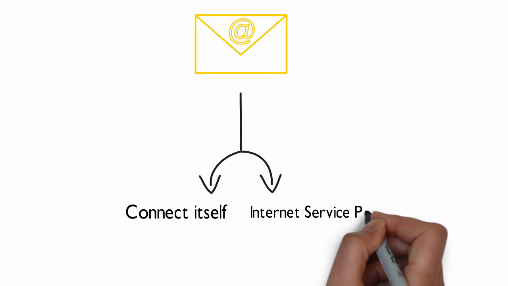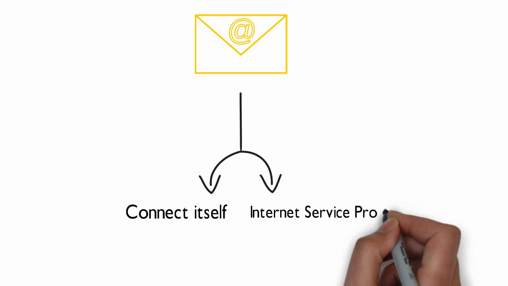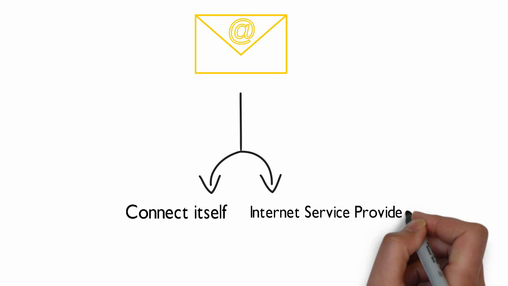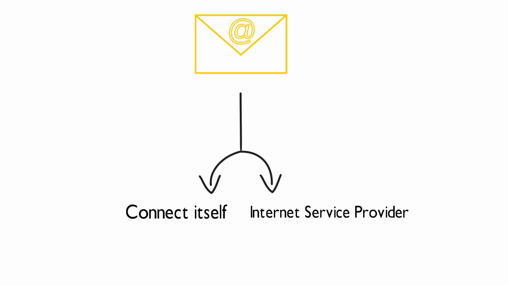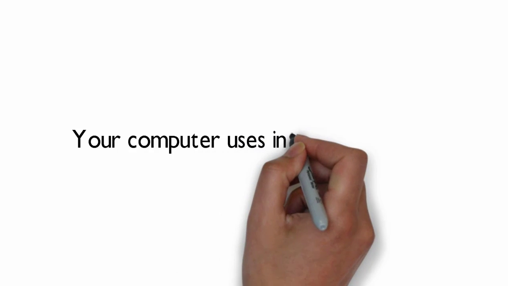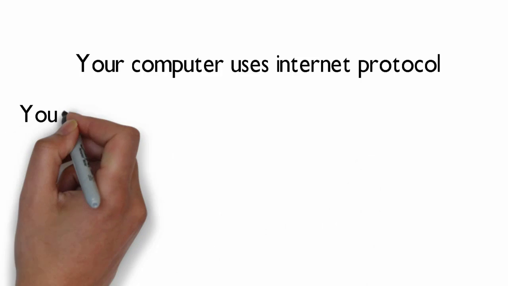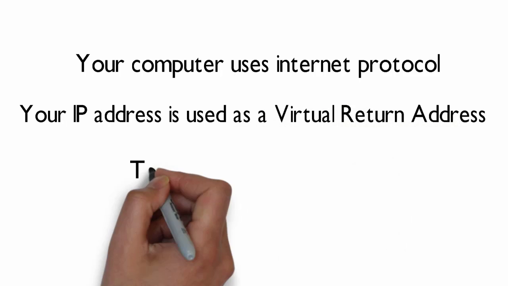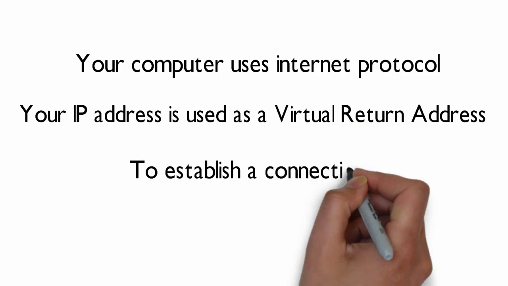Perhaps that's connected to whichever internet service provider you have at home, or you are using a company network in the office. To do this successfully, your computer uses internet protocol and your IP address is used as a virtual return address to establish a connection.